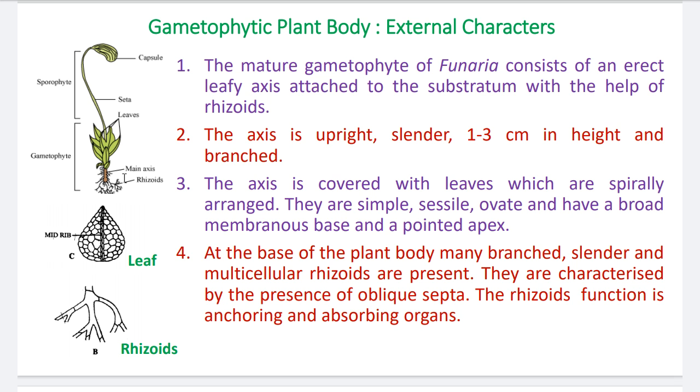In the last photograph, the photograph of rhizoids, their multicellular branched obliquely placed septa are shown. So the matured gametophytic plant body of the Funaria is made by an erect main axis, which is covered by spirally arranged leaves. At the base, multicellular branched rhizoids are there.